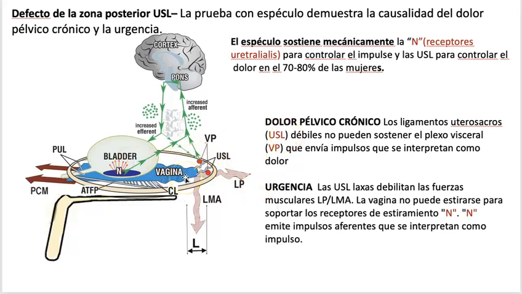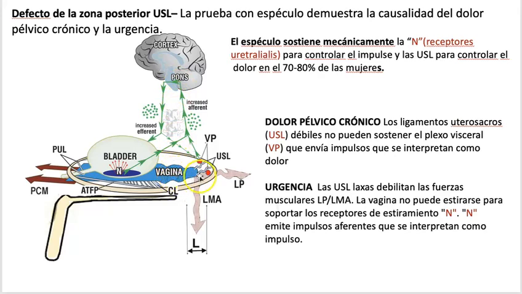Let me repeat. Operaciones simuladas, they simulate what we do in the operating theatre. They support mechanically the uterosacral ligaments, and when you repair the ligaments by suturing, then it supports the visceral plexus and supports the impulses which are interpreted as pain.